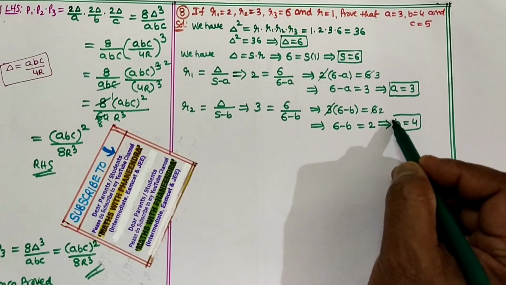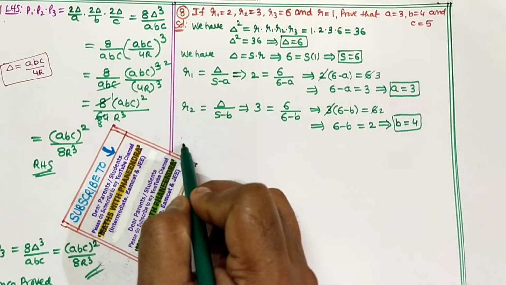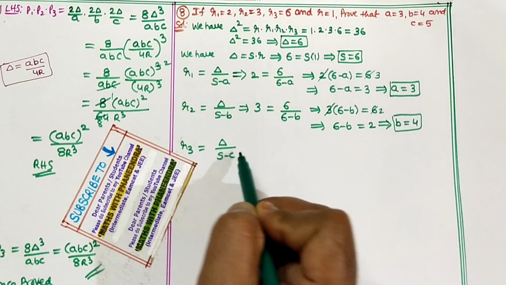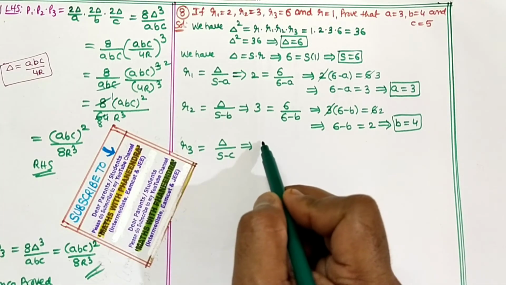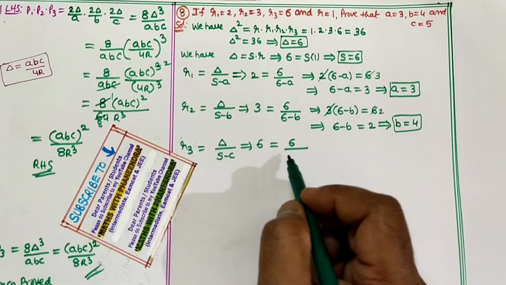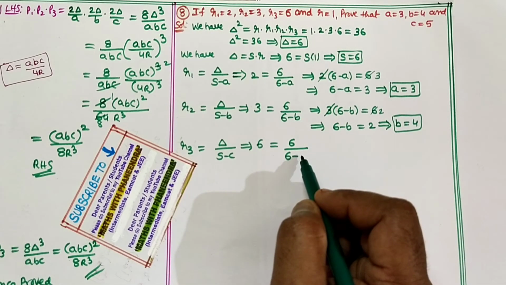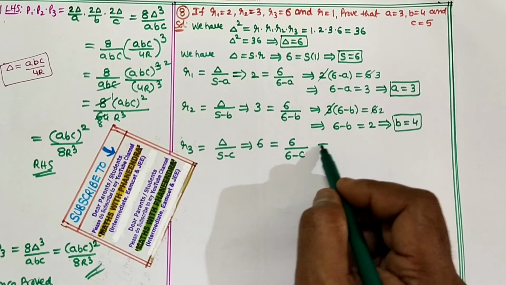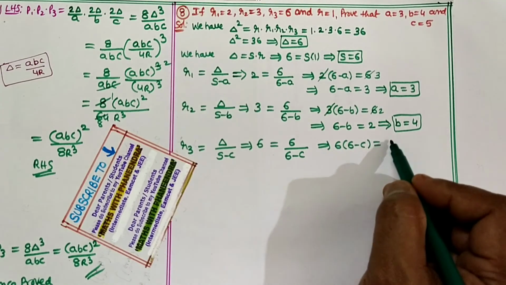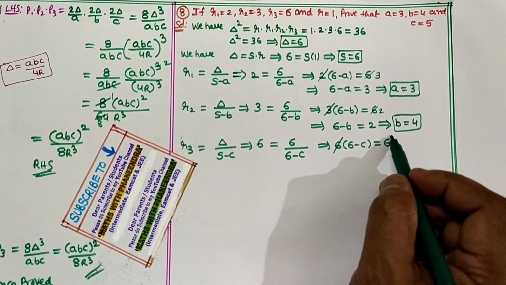We got B value. Next, similarly R3 is equal to delta by S minus C. That implies R3 value is 6 equal to delta value is also 6 by (6 minus C), S value being 6. Cross multiply: 6 into (6 minus C) equal to 6. On both sides 6 gets cancelled.